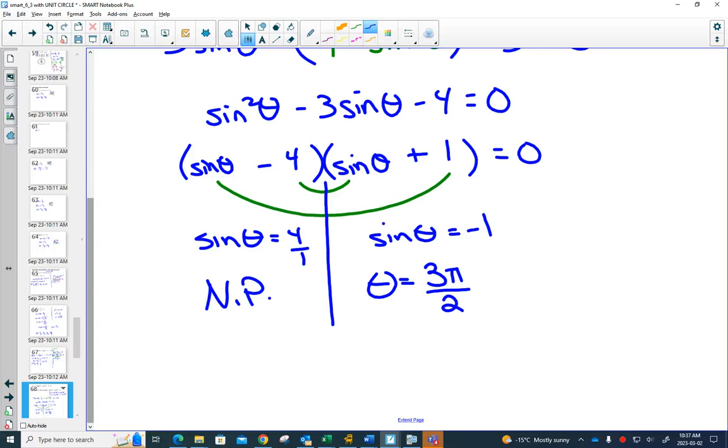In other words, anytime, and this is true for sine and for cos, not for tangent, but anytime for sine or cos, if you get an answer that's bigger than 1, you'll be able to right away just say, it's not possible because I can't have opposite over hypotenuse bigger than 1.